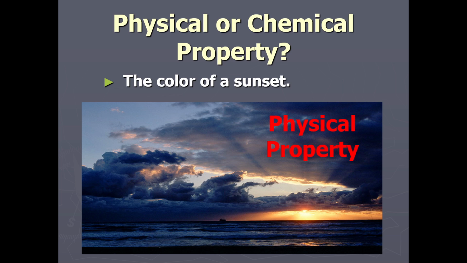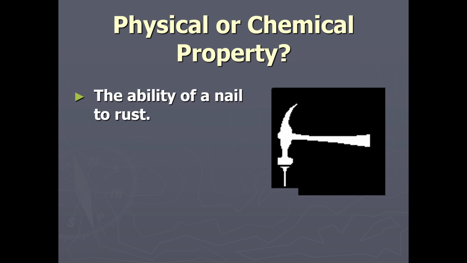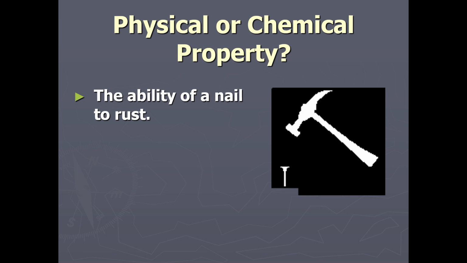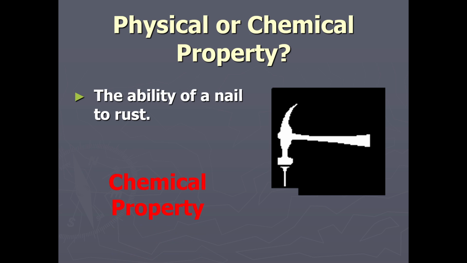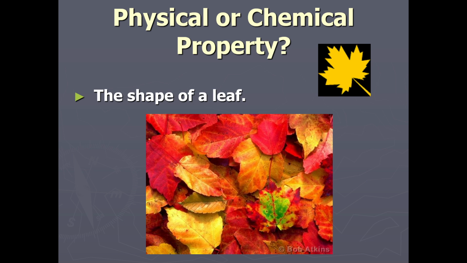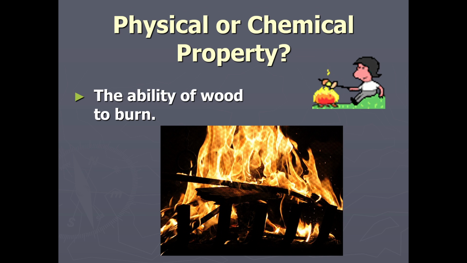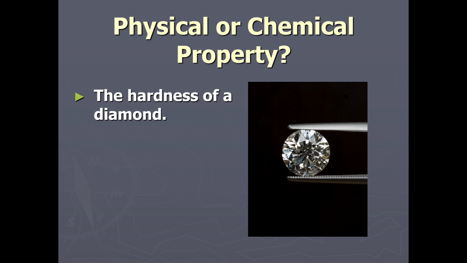You can just look at it to see this color. The ability of a nail to rust. Chemical. The shape of a leaf. Physical. The ability of wood to burn. Chemical.